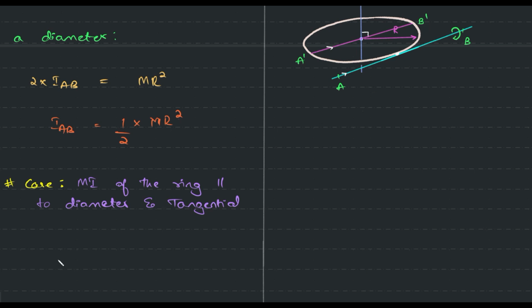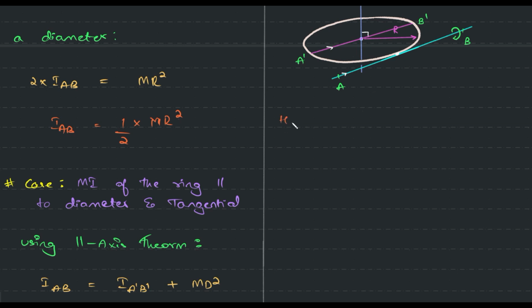So what can I use? Using the correct parallel axis theorem. So along AB, the moment of inertia will be equal to the moment of inertia along A dash B dash plus md square.